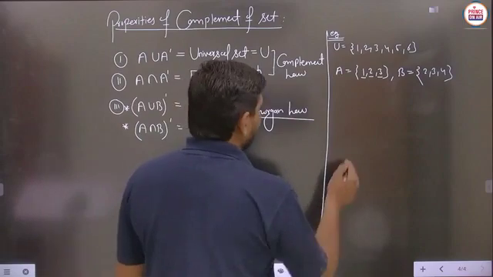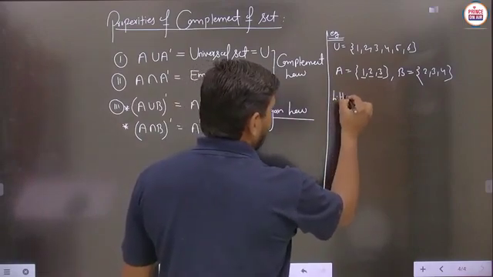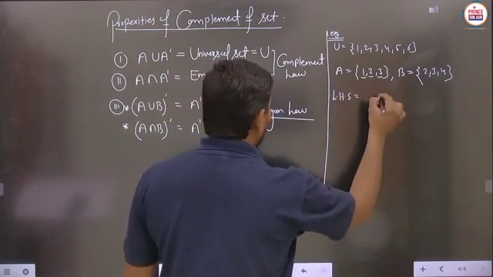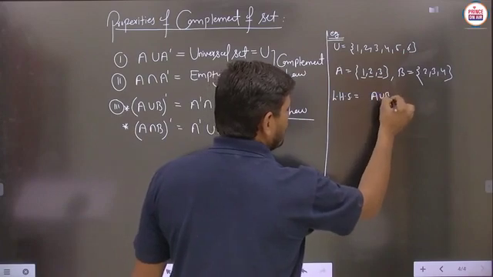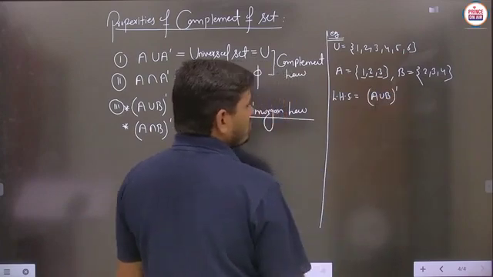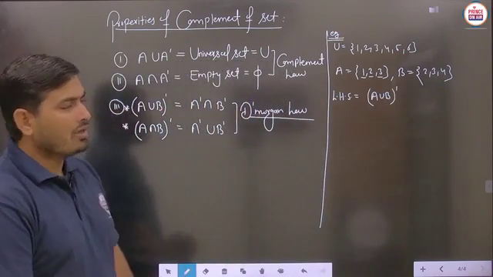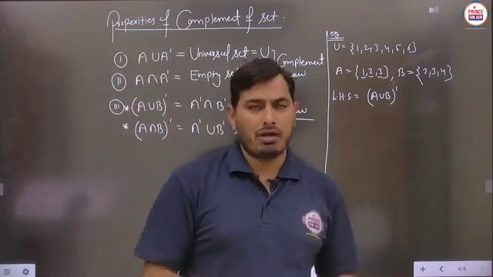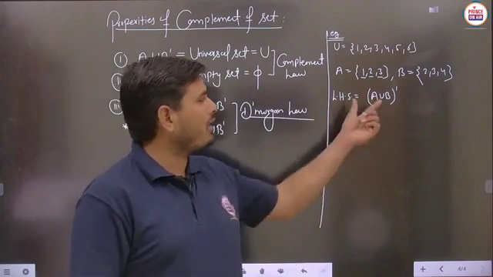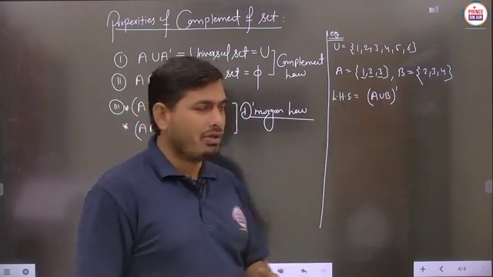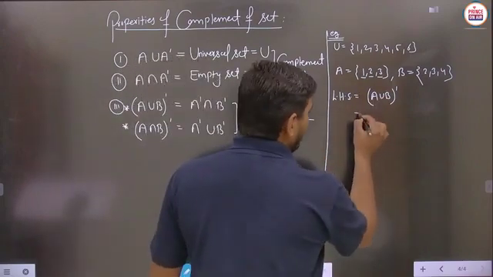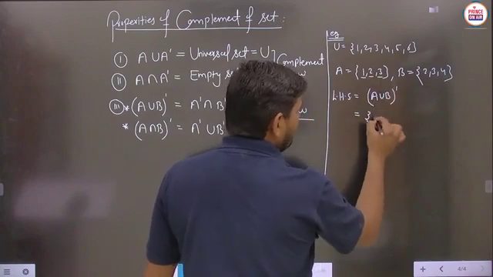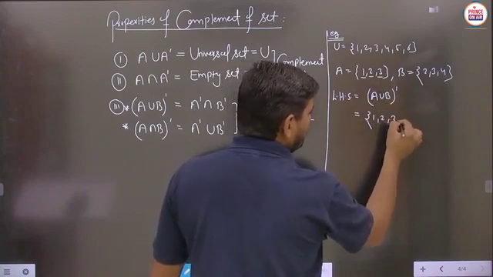For the first law, we take the left hand side, which is written as (A union B) whole dash. The A union B operation is applied first, because A union B contains all the elements of set A and set B, which is 1, 2, 3, 4.